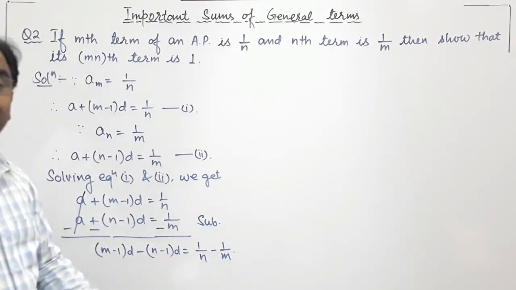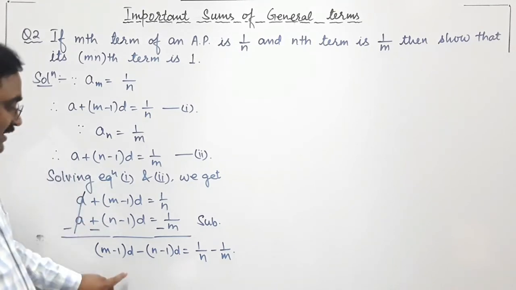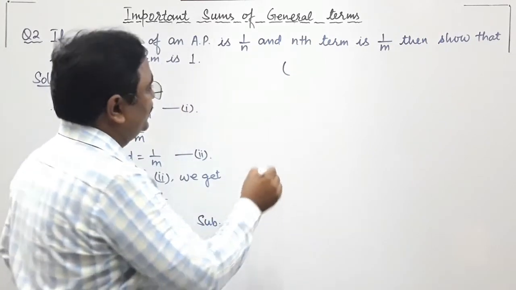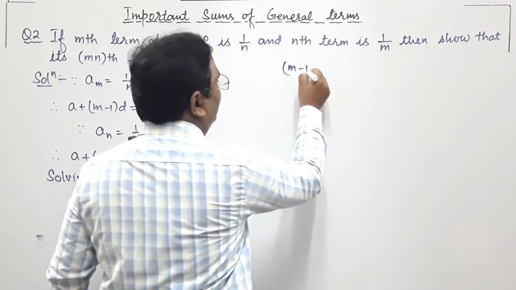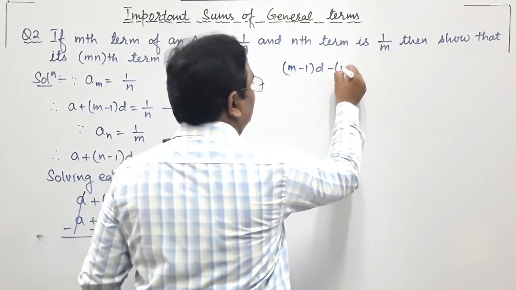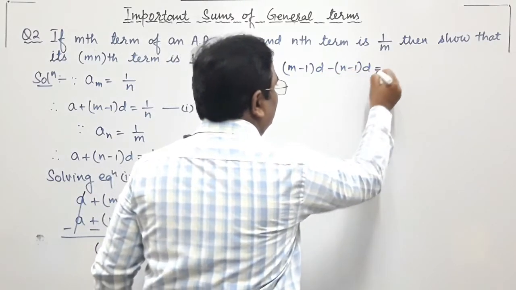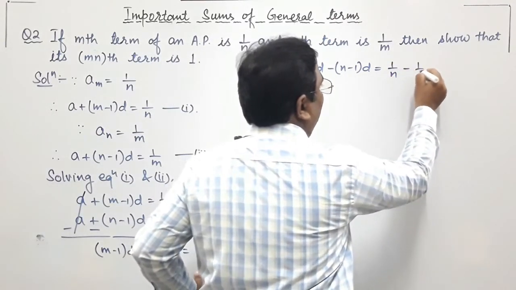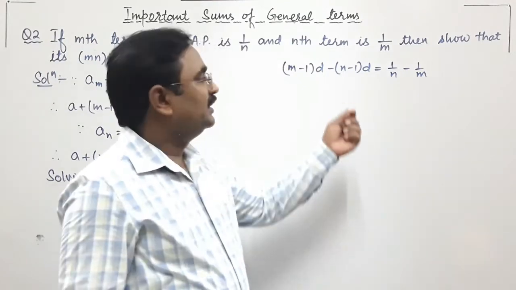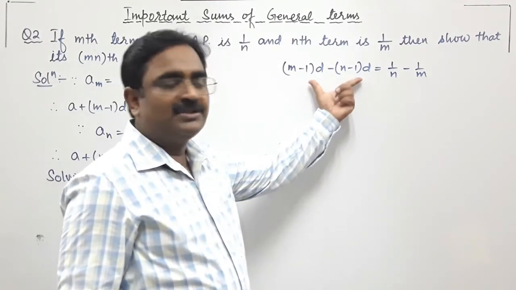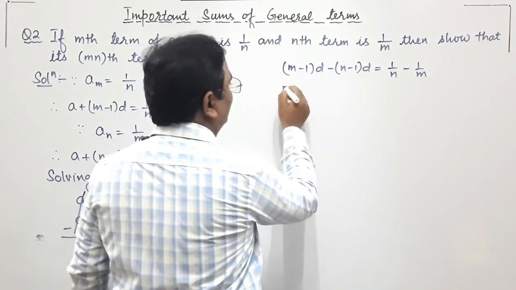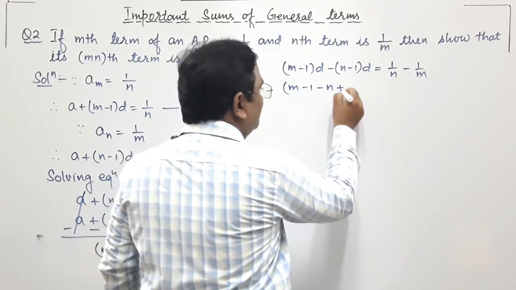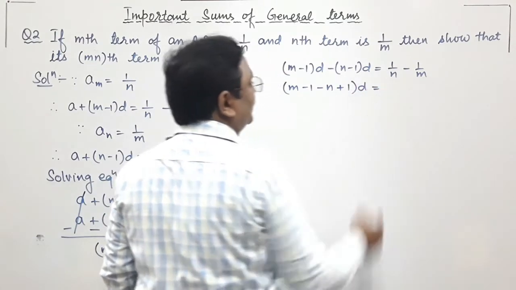You will get the value of common difference, which is d. Let us solve this equation. You got m minus 1 into d minus n minus 1 into d is equal to 1 upon n minus 1 upon m. d you can take common from these two. So m minus 1 minus n plus 1 into d, we took common.